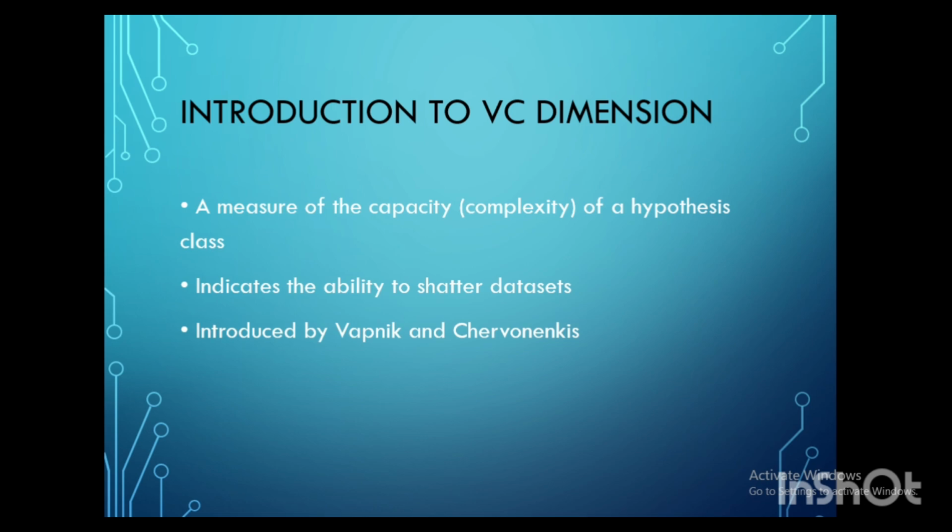VC dimension quantifies how complex a model is based on how many different labeling patterns it can correctly classify. If a hypothesis class can correctly label every possible combination of labels for a dataset of size D, we say it shattered that dataset. The largest such number D is the VC dimension.